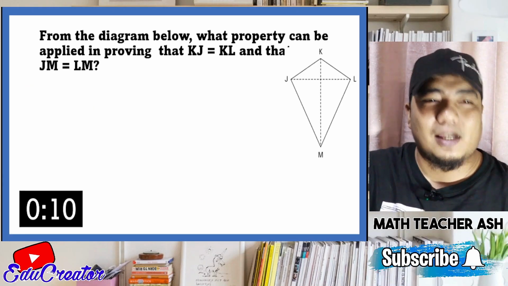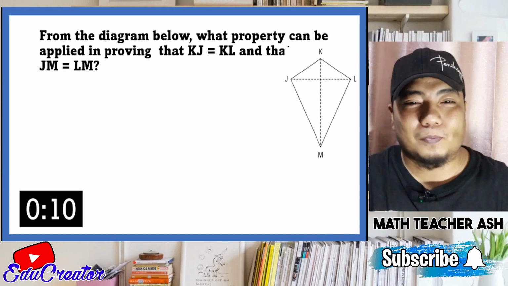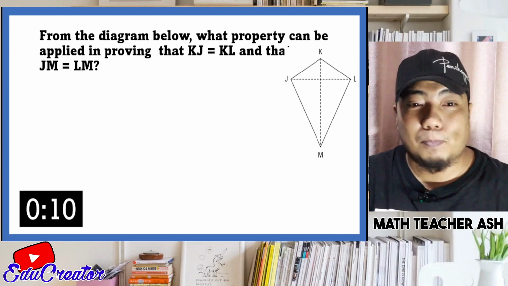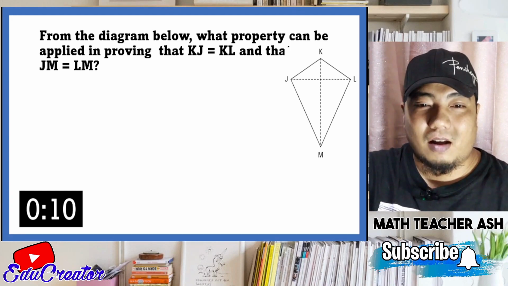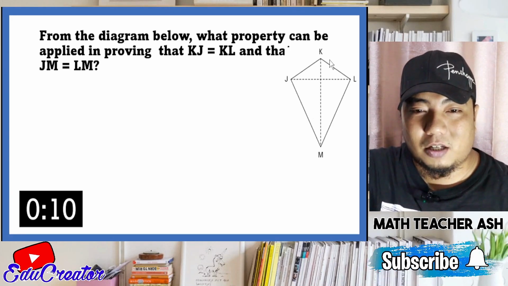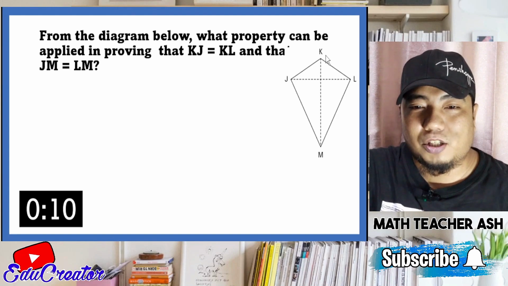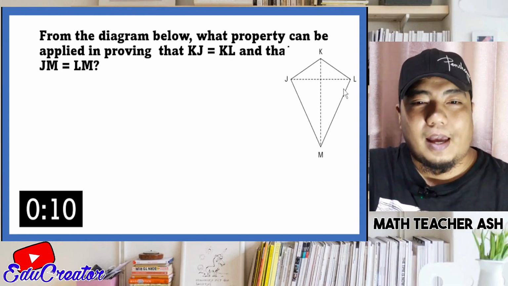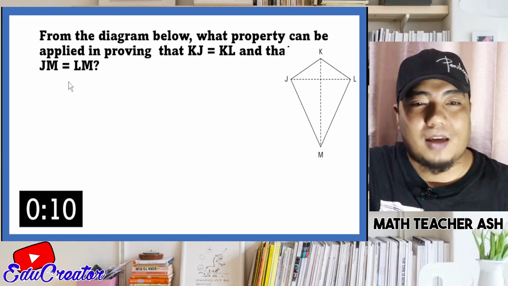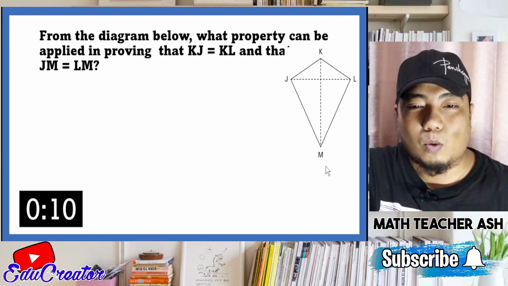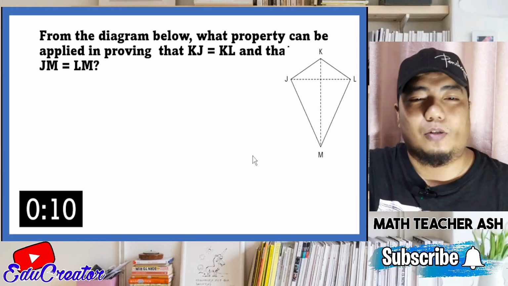Now let us continue. From the diagram below, what property can be applied in proving that KJ and KL are equal? So KJ here is this one, KJ and KL, okay? And that of, there is T here, and that of JM is equal to LM. All right, so is it A?